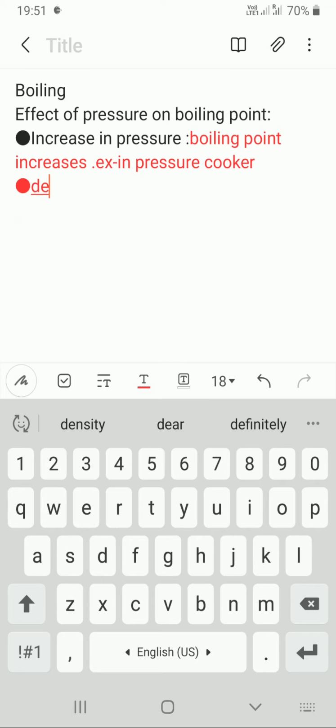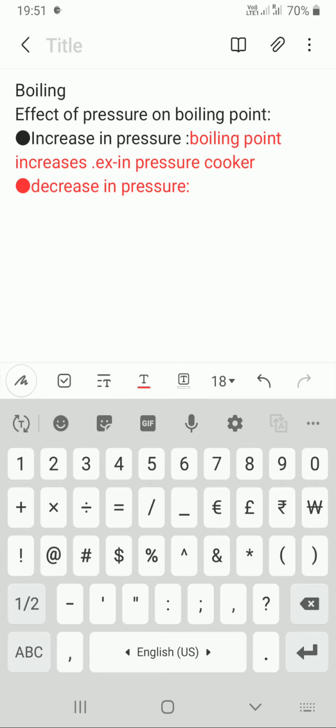Number 2, decrease in pressure. At high altitude, we can observe that water boils at a temperature lower than 100 degrees centigrade. Why does this happen? This happens because atmospheric pressure is low over there. Atmospheric pressure decreases with altitude; we have read this in class 9.